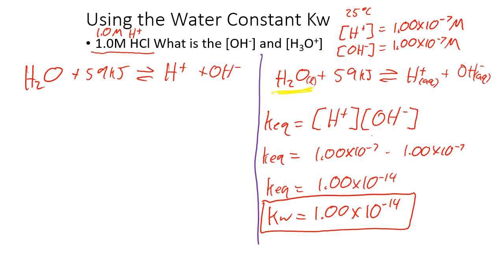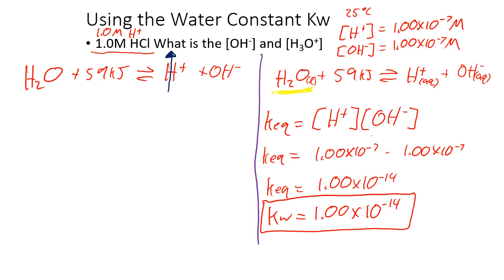Now, essentially, what that means is that for our water, since that acid is dissolved in water, it's going to increase the concentration of H plus. Before, the concentration of H plus was 1 times 10 to the negative 7, and we're adding 1 molar HCl. So that is a huge increase in H plus.